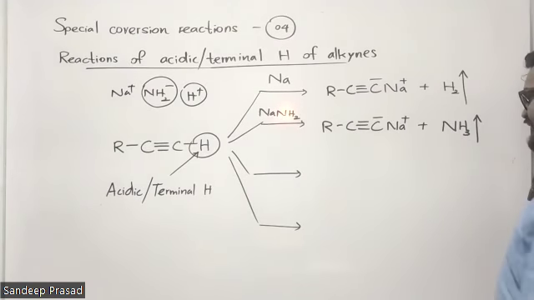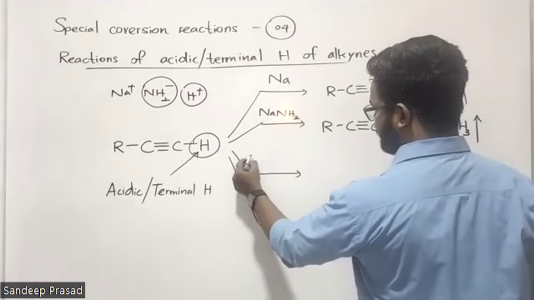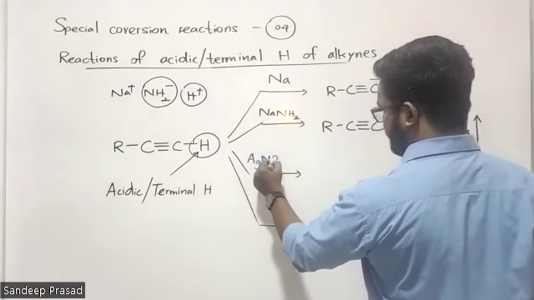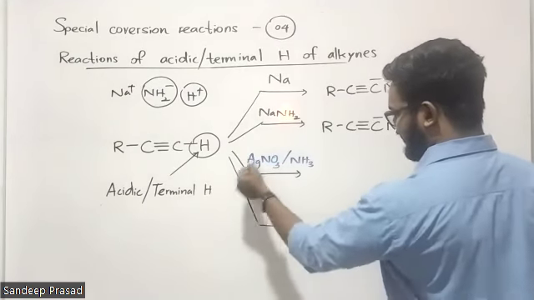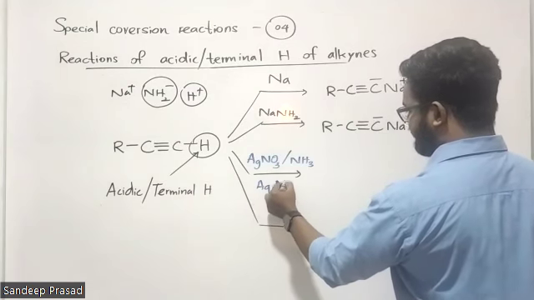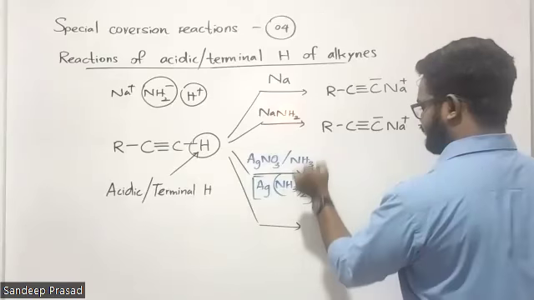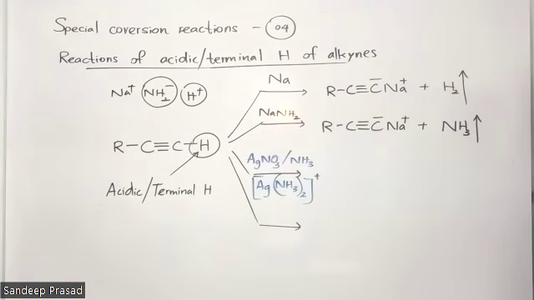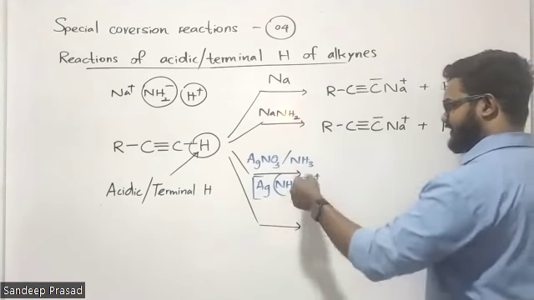Can you understand? Right. So the next thing is very important. You have to remember this one. Silver nitrate in the presence of ammonia. Sometimes we can write this as diamine silver complex. And one more thing, students. In aldehydes and ketones, we are learning an identification test.